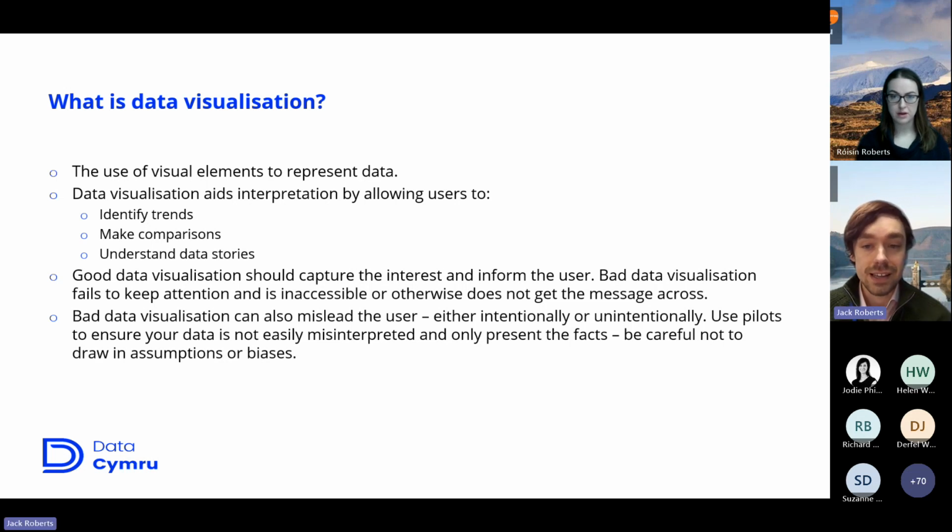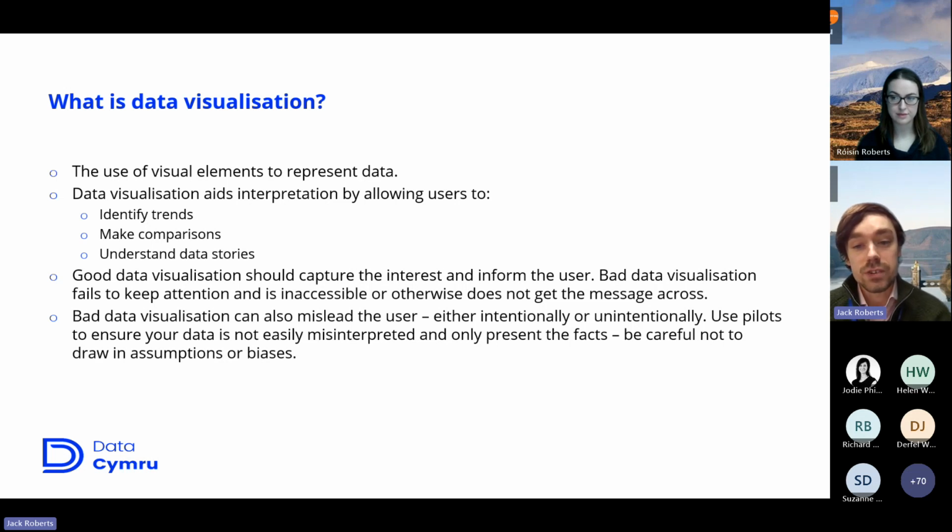Bad data visualizations then are unclear, confusing, overly complicated, or misleading, and can relate to issues with perception and the user coming to the wrong conclusions. And wrong data visualizations, quite simply, are visuals that are wrong.